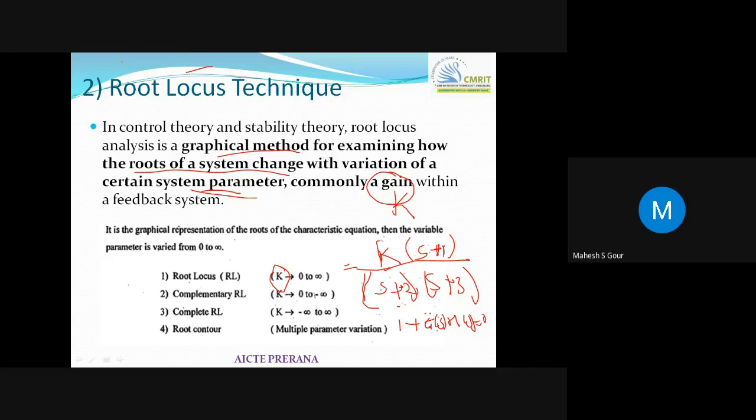Now suppose I assume that when the K value was 2, the system was stable. If I change the value of K to 200, will the system remain stable? That you need to check, and it is defined by the root locus.